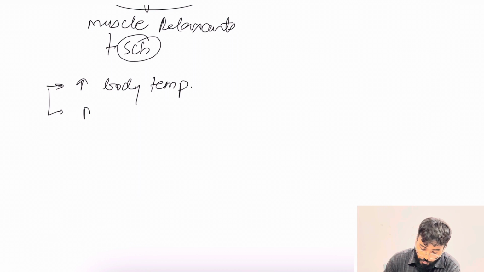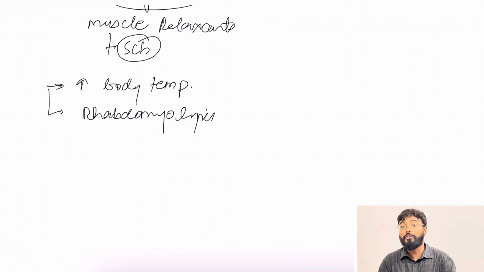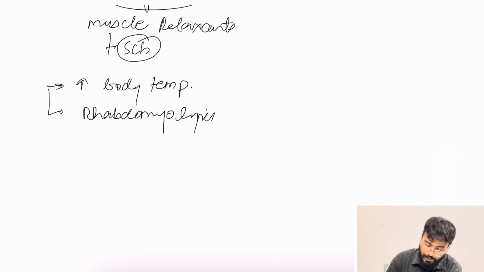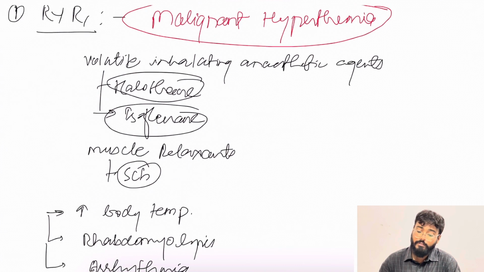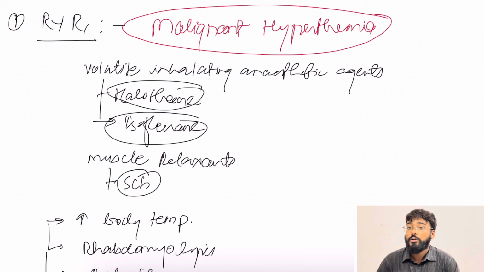There will also be rhabdomyolysis, breakdown of your muscle protein, and you will have arrhythmia. You will have increased body temperature, rhabdomyolysis, and arrhythmia in patients with defective ryanodine receptor type 1 who have malignant hyperthermia when injected with these agents.